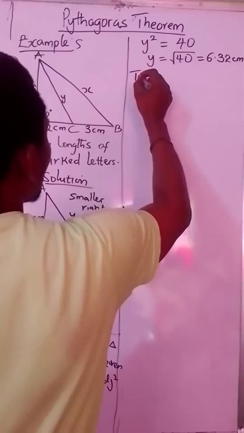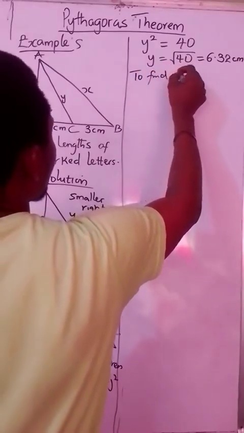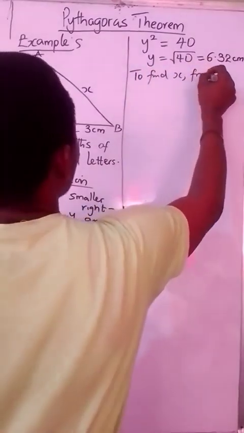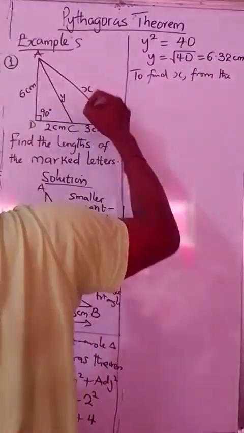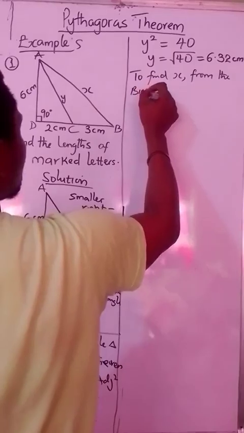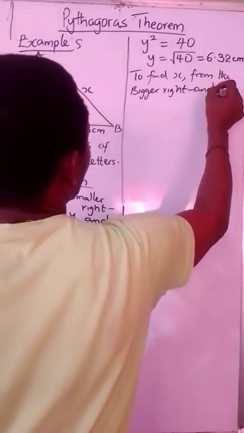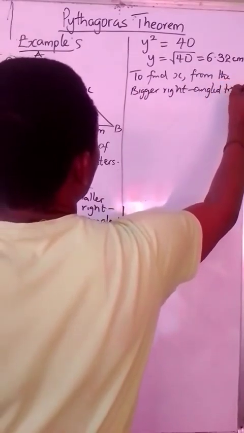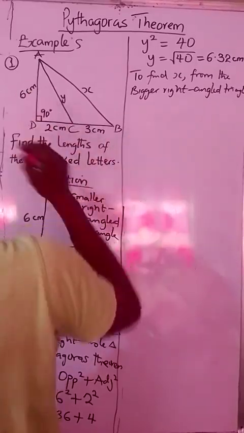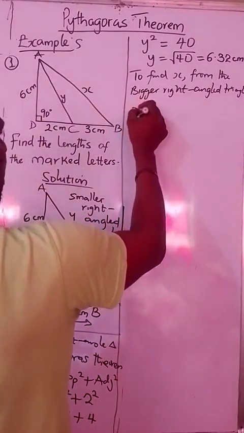We've gotten our y. So to find x from the bigger right angle triangle, what's our hypotenuse? It's x.